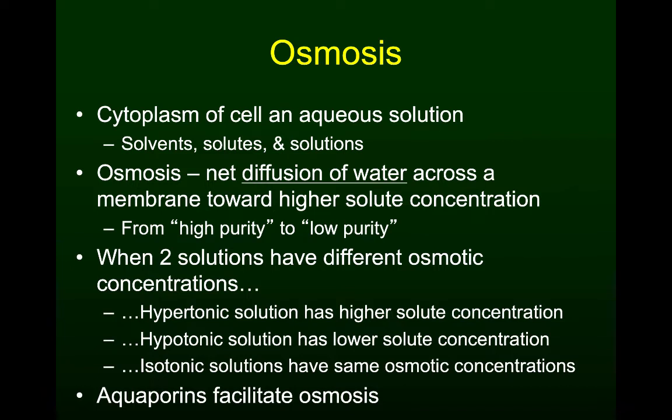Each kidney has about 1 million nephrons, and certain parts of the nephrons are essentially tubes that can contain various numbers or concentrations of aquaporins. So if you need a lot of water reabsorbed back into your blood, you need a lot more aquaporins to do that. If you're trying to get rid of water in your urine, to produce more urine, then you're going to have fewer aquaporins so that water is able to leave the body more easily. So aquaporins actually allow for osmosis in our kidneys, which is a really important job for them to do.